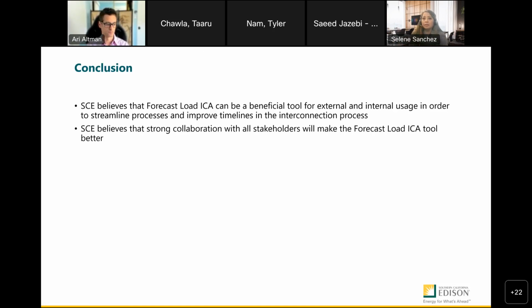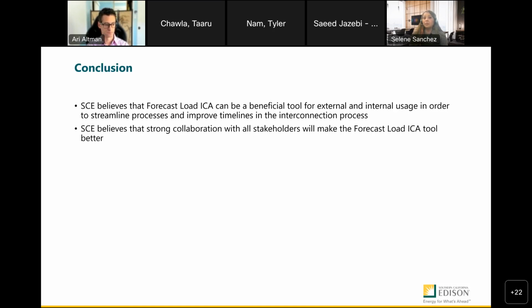And I do hear a lot of frustration regarding where we're at and where we're going. I think it's important to mention that there's a difference between the level of maturity for a generation ICA use case versus the load ICA use case, right?